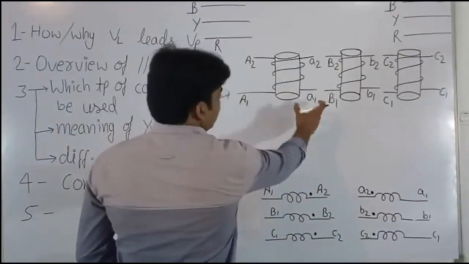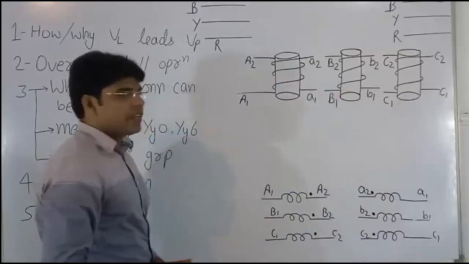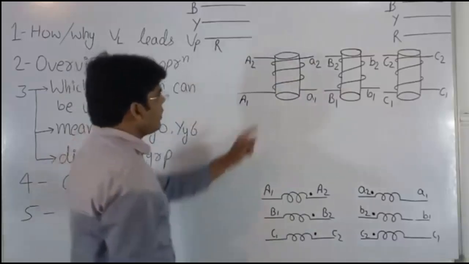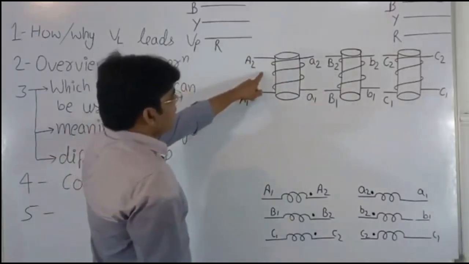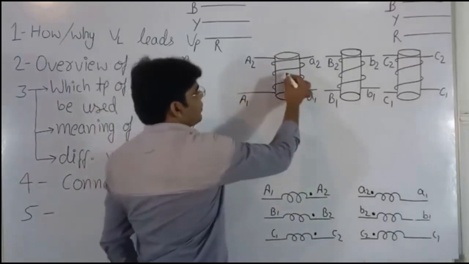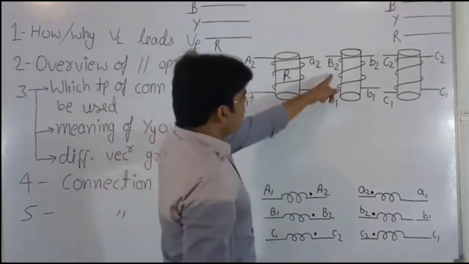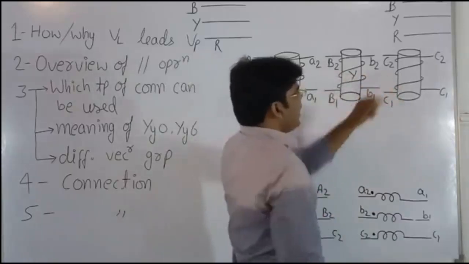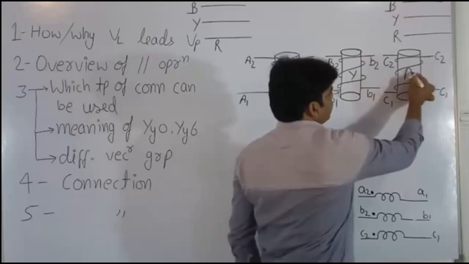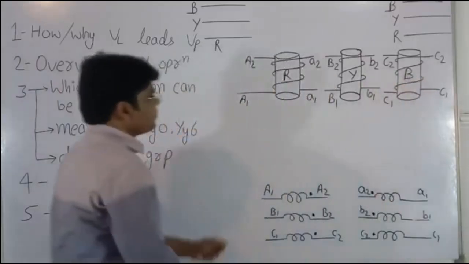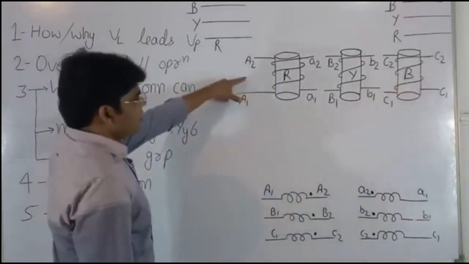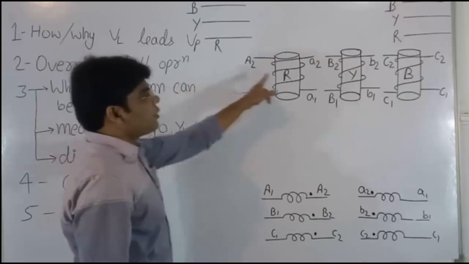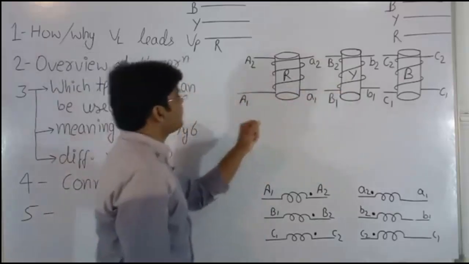So these are the windings of a three-phase transformer. One primary and one secondary for R phase. One primary and one secondary for Y phase, one primary and one secondary for phase B. Here we get a total of 12 terminals.